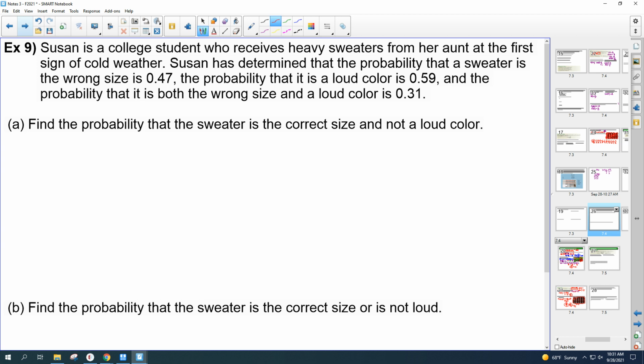So the probability that it's the wrong size is 0.47. And the probability that it's a loud color is 0.59. And the probability that it is both the wrong size and a loud color is 0.31.